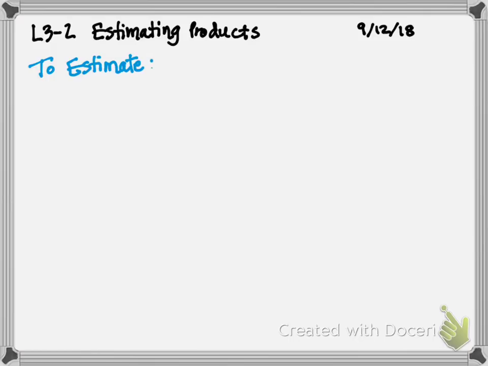To estimate, we're going to round each number. Let me get a different color here, blue dark. Round each number. And then I'm going to give you some ideas how to do it. So first off, we've got to figure out where we want to round to. So that's going to be our step 1.